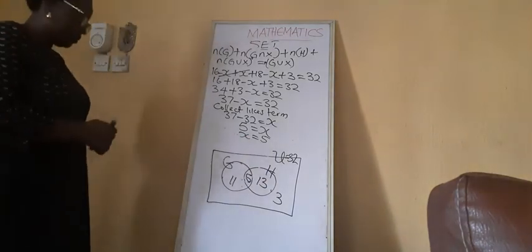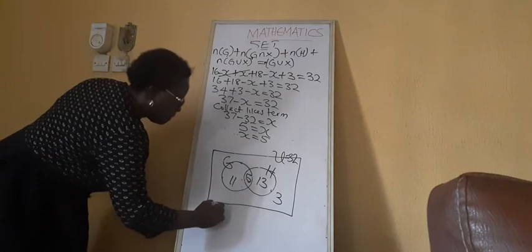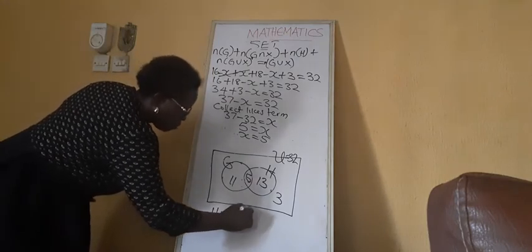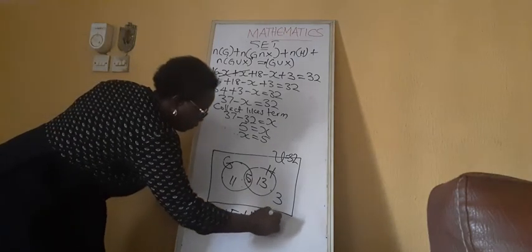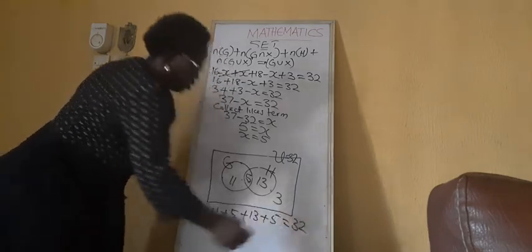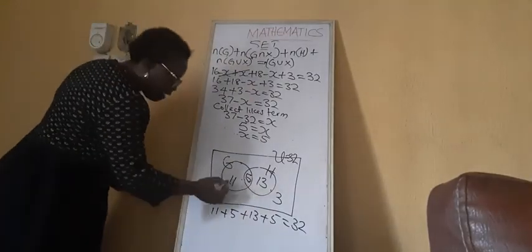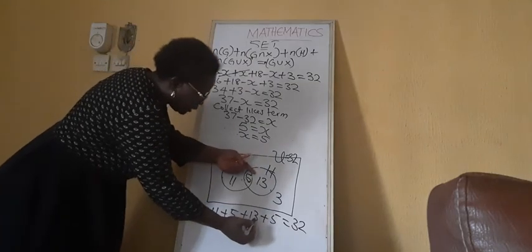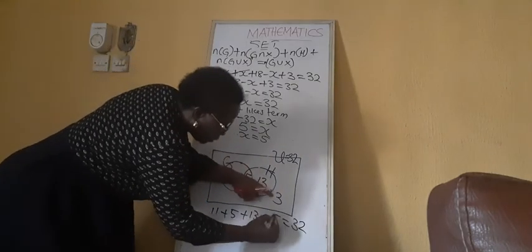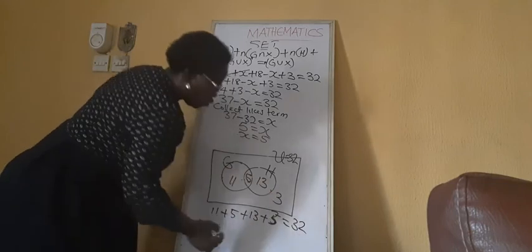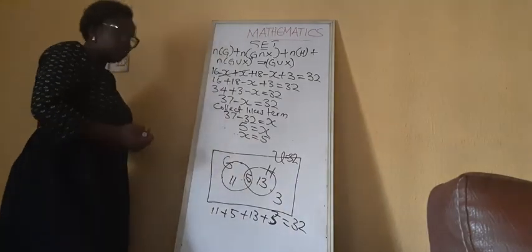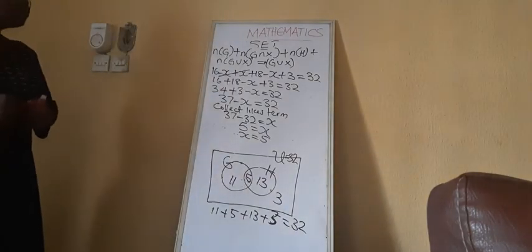So let's see. 11 plus 5 plus 13 plus 3, is it equal to 32? Sorry, this one is supposed to be 3, not 5. So if you add everything, it should be equal to 32.